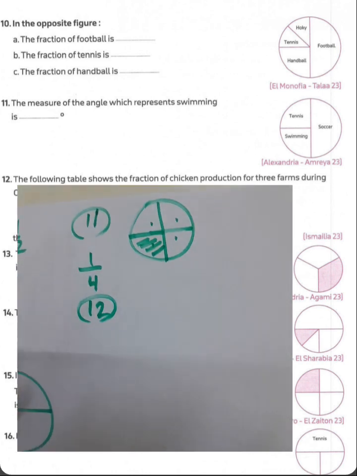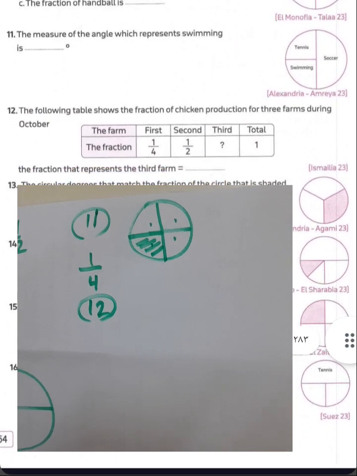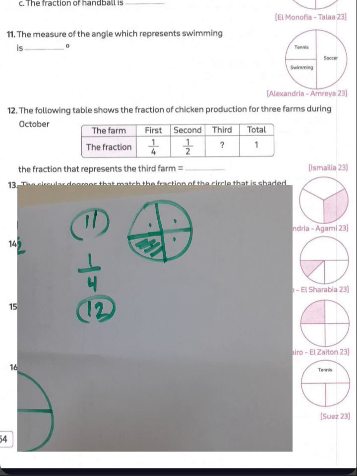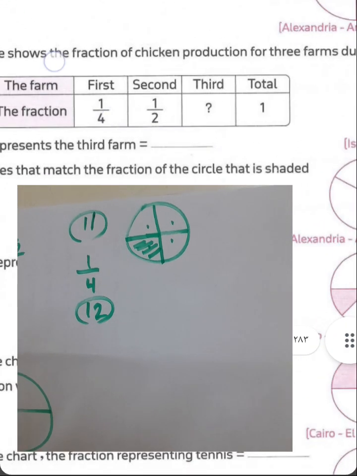Question 12. The following table shows the fraction of chicken production for 3 farms during October. Okay. You want to find the fraction representing this third farm. Okay, third here, you can find this fraction by finding half plus fourth, and subtracting the result from 1.